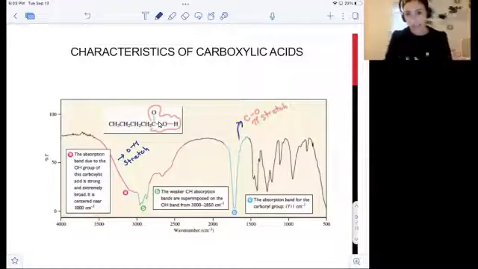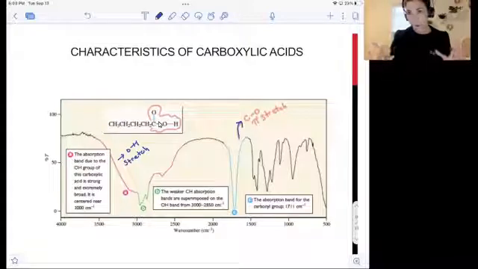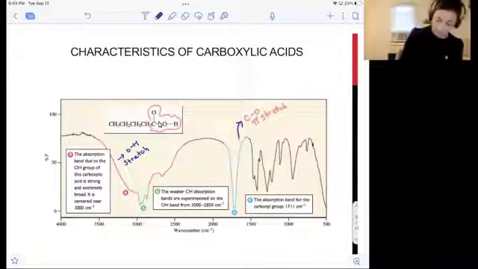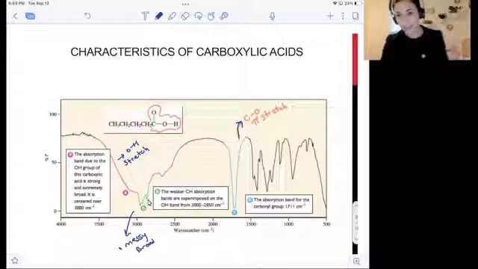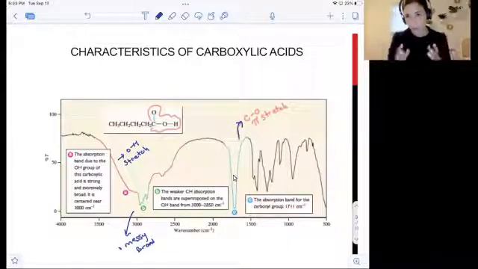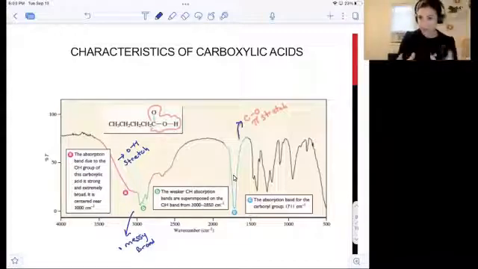One of the things you'll notice is they give a broad peak, but it's really messy, and it almost takes over that sp3 stretching region just below 3000. So when you see this shape, and then you also see a CO pi stretch in the 1700s, those two together are pretty indicative that you do have the carboxylic acid functional group.